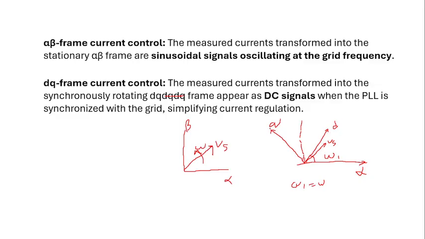Why we are doing these two in quadrature, means controlling one parameter will not affect the other parameter. Even in alpha beta or dq, we can control d and q individually. When you control d, it won't affect q. There is no component vector on q. Means the component vector of d on q is 0, and the component vector of q on d is 0. So these are purely decoupled.